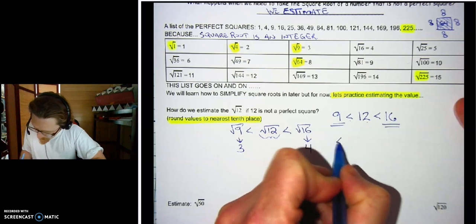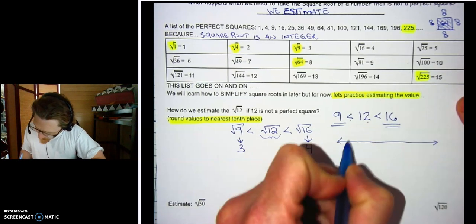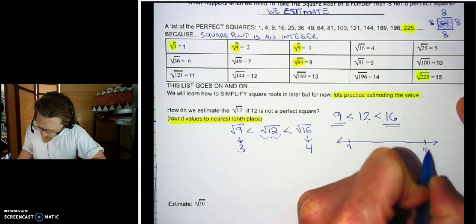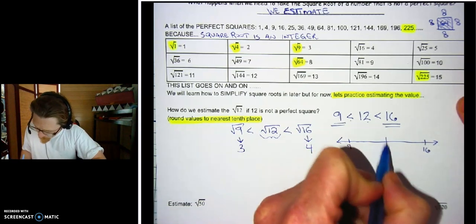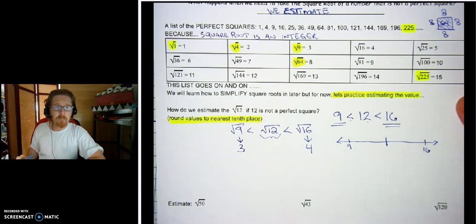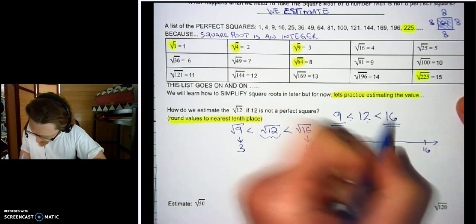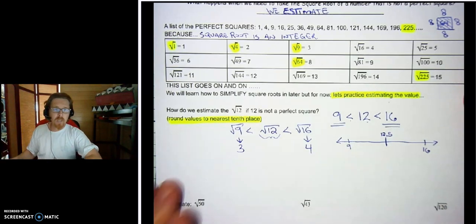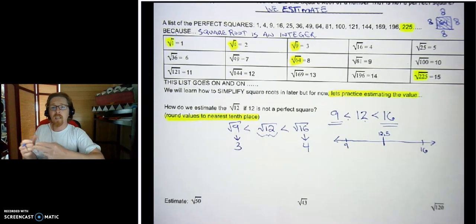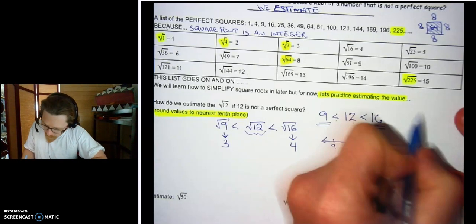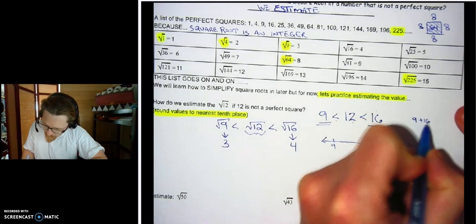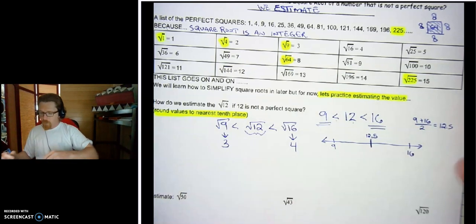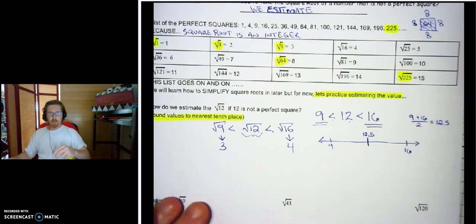If I take a number line and think of this being the number 9 and this being the number 16, I know that halfway between 9 and 16 is 12.5. I can do that by counting, or I can take the average of the two numbers. 9 plus 16 divided by 2 is 12.5. So I know it's going to be exactly halfway.